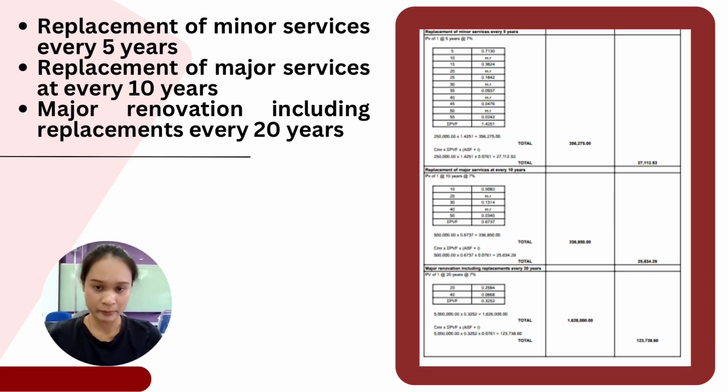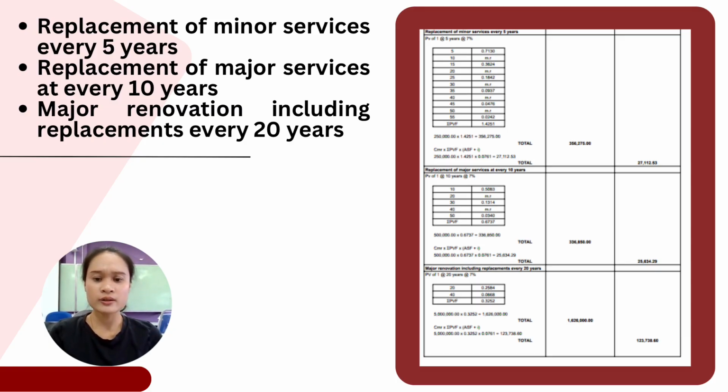For the annual equivalent method, we multiply 500,000 ringgit by 0.6737 and then by 0.0761, where 0.0761 represents ASF plus interest rate. This gives an annual equivalent cost of 25,634 ringgit and 29 cents.